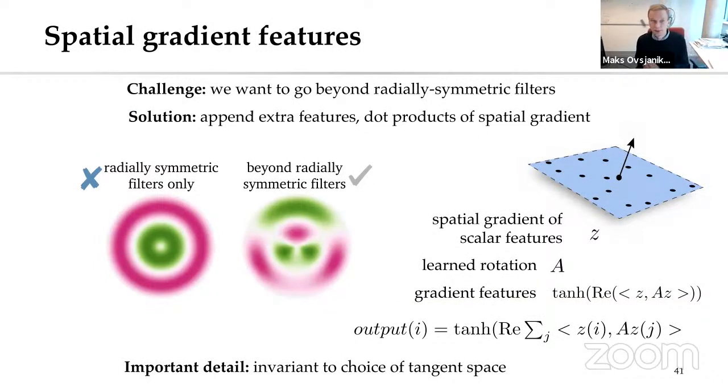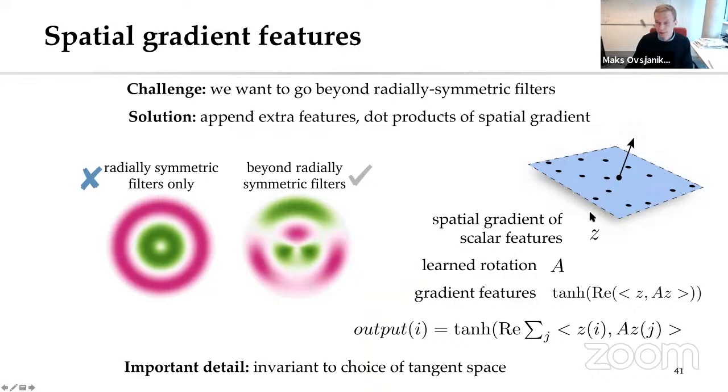The second building block is that typically we don't want to limit ourselves to only radially symmetric filters. A radially symmetric filter is something that doesn't depend on the direction, and that's typically not enough for learning something more powerful. So we have an extra building block, which is the gradient feature. What it does is the following.